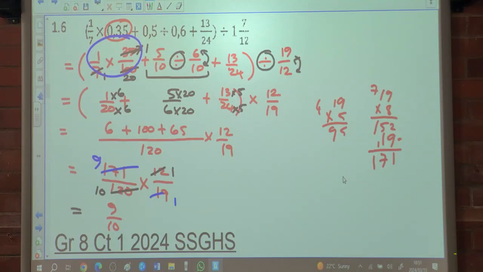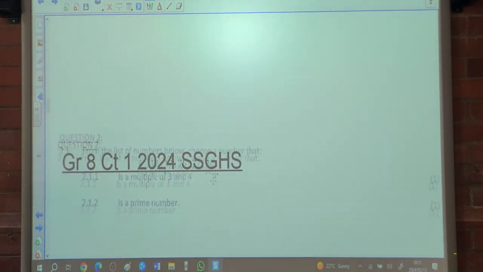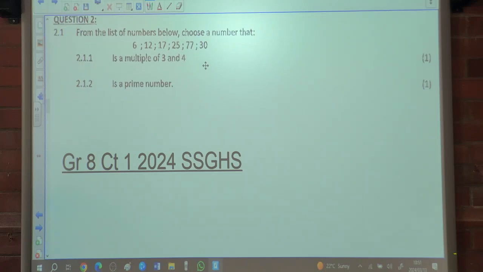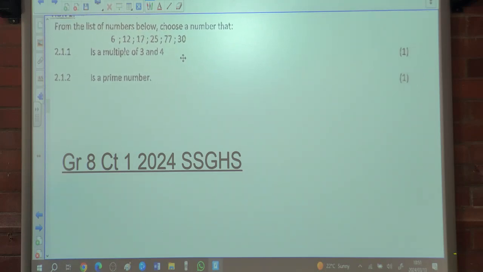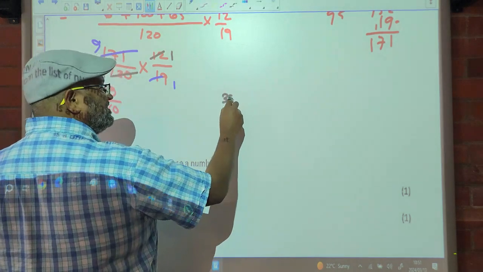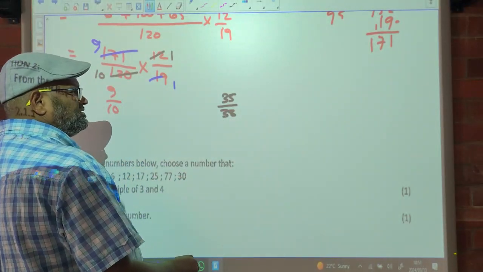And you guys understand? Why is it that difficult? People, the question paper and memo can be found in the description box. Yes? Does there have to be one answer for that sum? What answer do you have? I got 35 over 38. So, my 35 over 38. My calculation looks pretty valid, doesn't it?